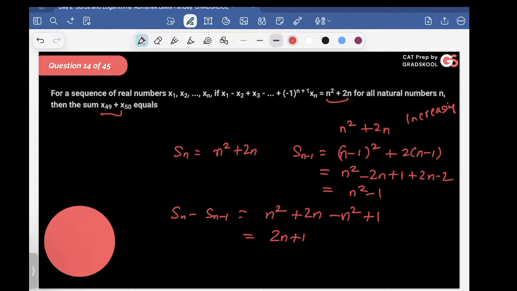Is that right, everyone? इसका मतलब क्या हुआ? What does that mean? That means if I increase the values by one step, it increases by 2n plus 1 in terms of sum. Can I say that? So every term is basically 2n plus 1 only.